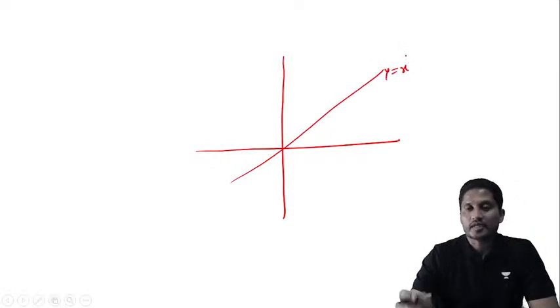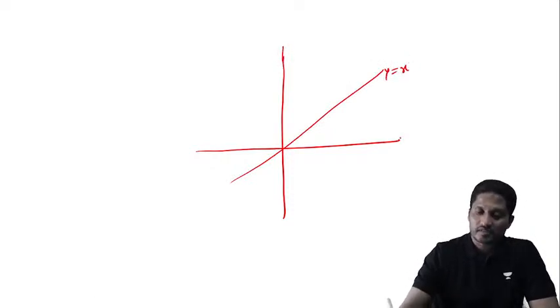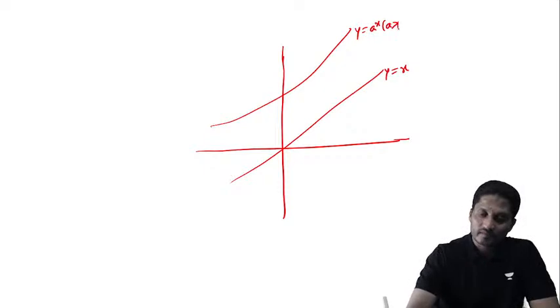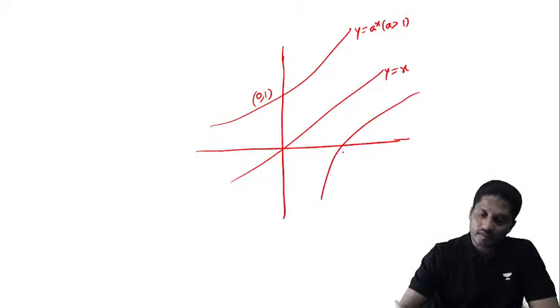Graph of this with respect to y is equal to x will always be the inverse. Meaning, suppose this is y is equal to a power x, a is more than 1. This will cut at 0, 1 only. Inverse of this will be 1, 0. Inverse of this graph will be y is equal to log x to the base a.